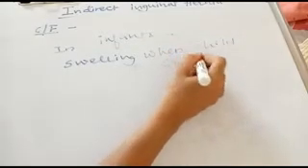Okay, on crying there will be swelling in the inguinal region. And in females, the ovaries may prolapse into the hernial sac also. Okay, these are the clinical features of indirect inguinal hernia.